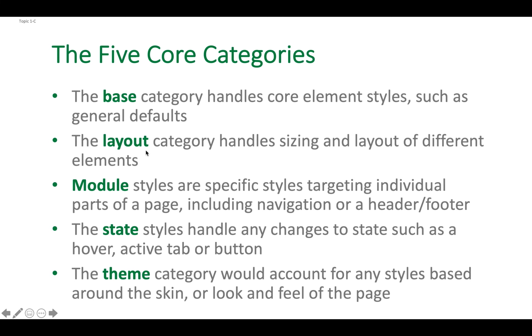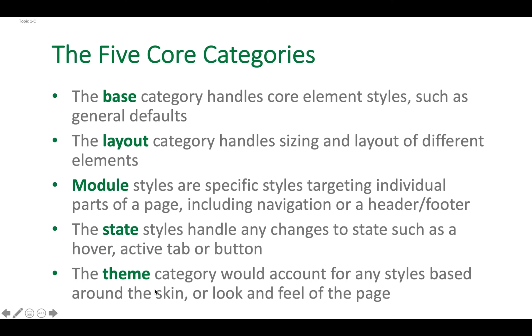So yeah, this is just summarizing that. So the base category handles core element styles, such as general defaults like background colors. Okay, the layout category handles the sizing and layout of different elements. The module styles are specific styles targeting individual parts of a page, including the nav or header footer. The state styles handle any changes to a state, such as a hover, active tab, or a button.